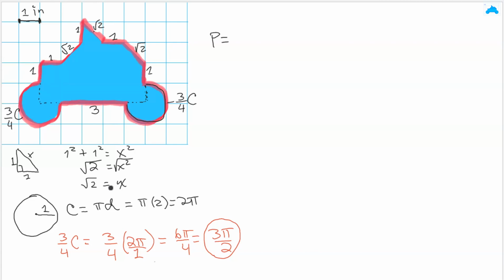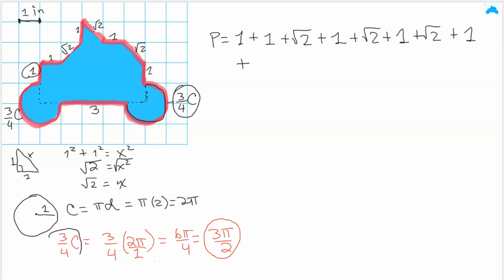Perimeter would be, if we were to start with the 1 right here, you have 1 plus 1 plus square root of 2 plus 1 plus square root of 2 plus 1 plus square root of 2 plus 1 plus 3/4 of the circumference here, and 3/4 of the circumference is 3 pi over 2, plus 3, plus 3 pi over 2.